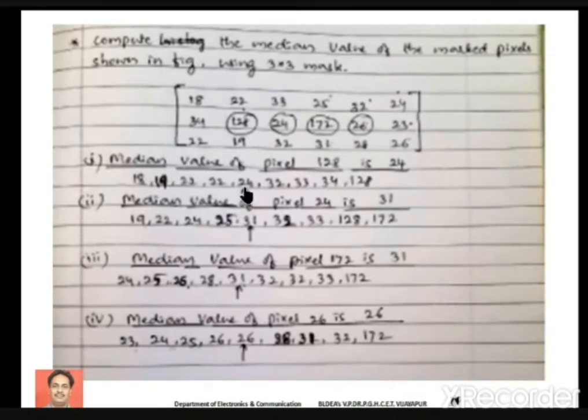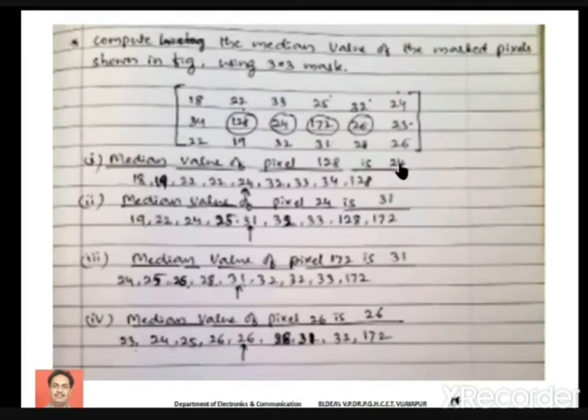That middle one itself is the median value, right? When we arrange these 9 values in ascending order, we get 18, 19, 22 two times, 24, 32, 33, 34 and 128. Now the middle value is which one? 24. Now I can say that the median value of the pixel 128 is 24.